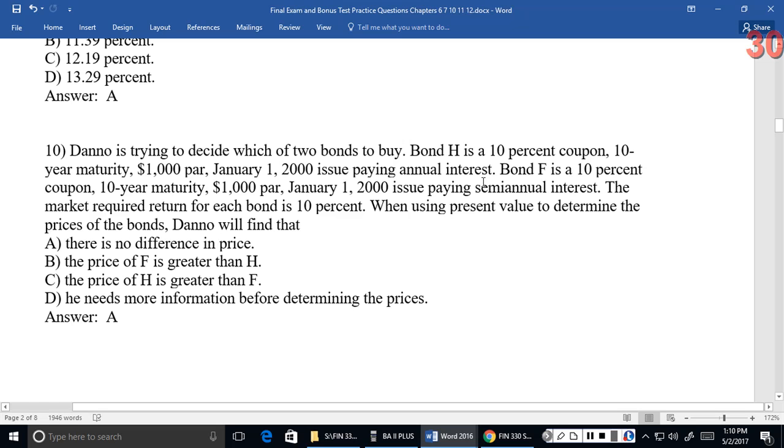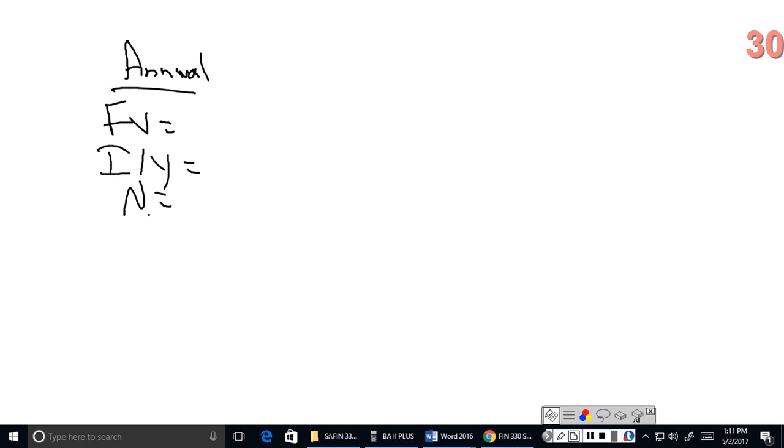All right, I didn't actually work through this one, so let's try to have the input. For the first one, this is the annual payment bond. We have future value, I/Y, N and payment, and what we want is the present value.